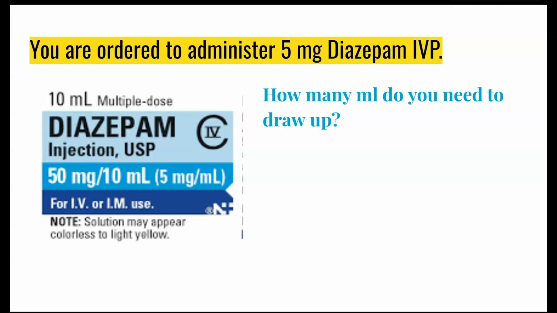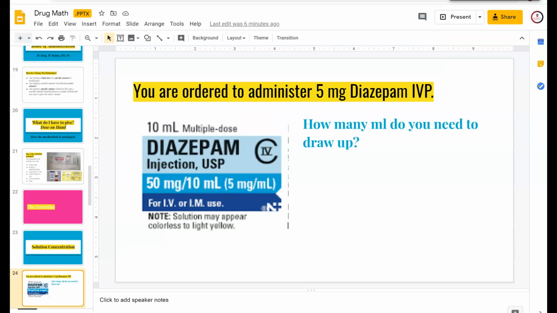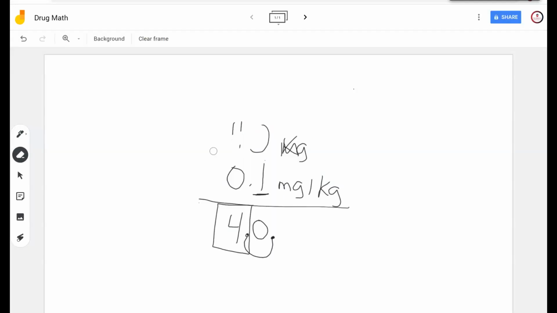So your concentration, right? If you kind of cheat and learn to look at your boxes, your administration request is for 5 milligrams of diazepam IV push. Your vial is 10 mLs with 50 milligrams in it, right? So this is like a cross multiplication as well. Do you remember cross multiplication? Hold on. Go back to here real quick.